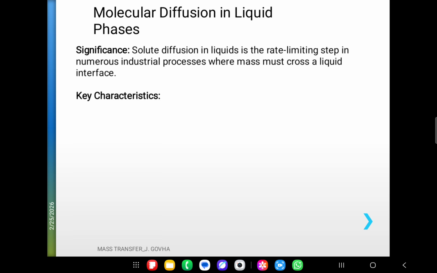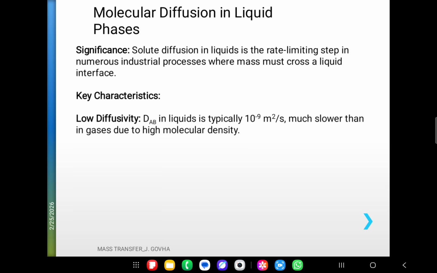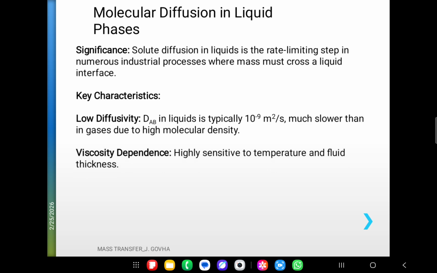So the key characteristics are that we have a low diffusivity, typically 10 to the power minus 9 meters squared per second, indicating a rate that is much slower than in gases due to high molecular density.